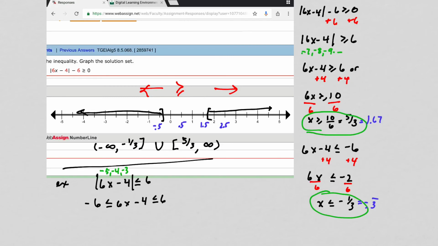So this one, you would go ahead and solve by adding 4 to all three parts of the inequality, and dividing all three parts of the inequality by the 6. So you get the actual opposite answer. You get -1/3 less than or equal to x less than or equal to 5/3.